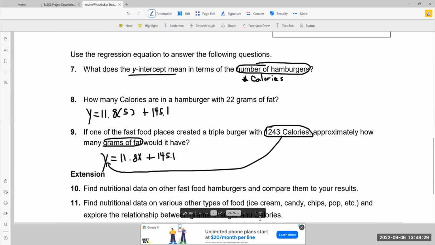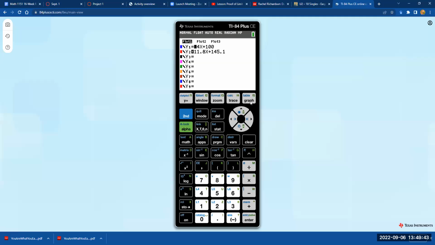You might want to use the equation. Let's see how we would use the graph. Let me see if I could find the graph. Okay, there it is. Because to find 1243 by tracing, that's not going to be as easy. Let me see if I can get to 1243.